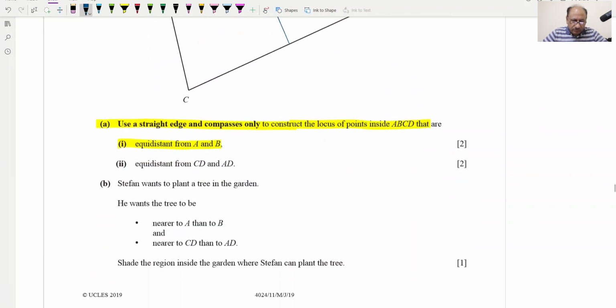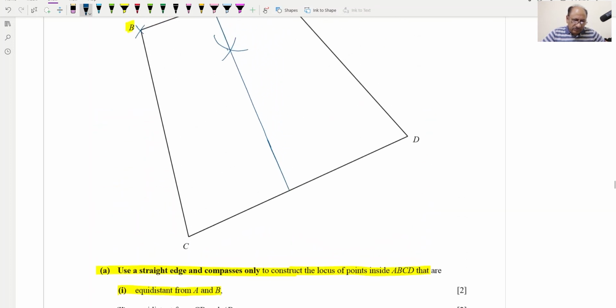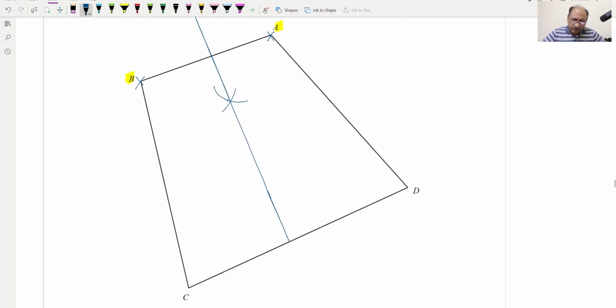After drawing this one, they are saying equidistant from CD and AD. The CD side is this one, CD and AD. So it will be an angle bisector. So we will basically draw an arc. We will keep our compass at D and draw an arc like this one.